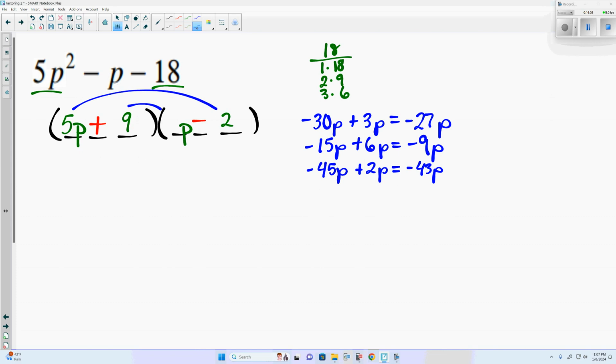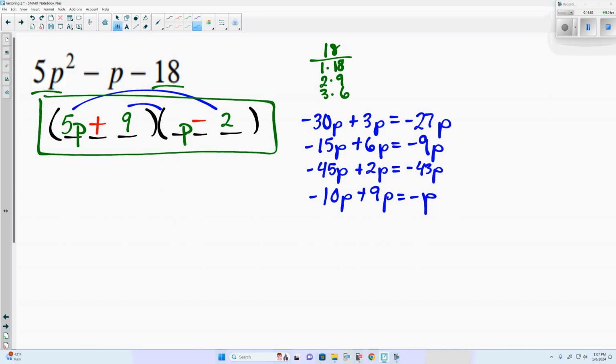If we try this one here, 5p times negative 2 is negative 10p. 9 times p is plus 9p, giving us negative p, which is the middle term we wanted. So 5p plus 9 times p minus 2 is the final answer.